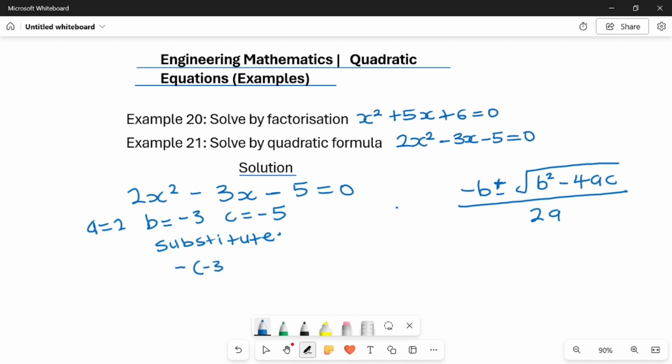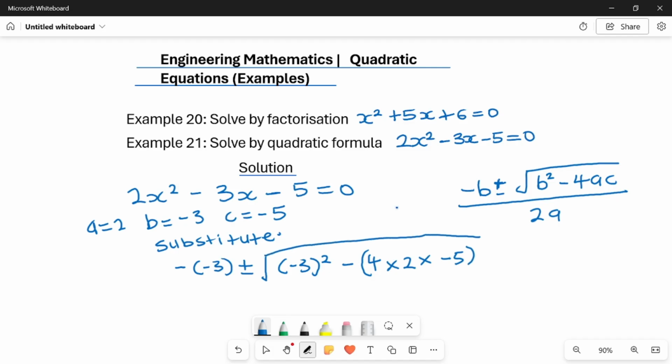Minus 3, right? Plus or minus square root of b squared minus 4ac. a is 2, that's times 2. c is what? Minus 5. All over what? 2a.